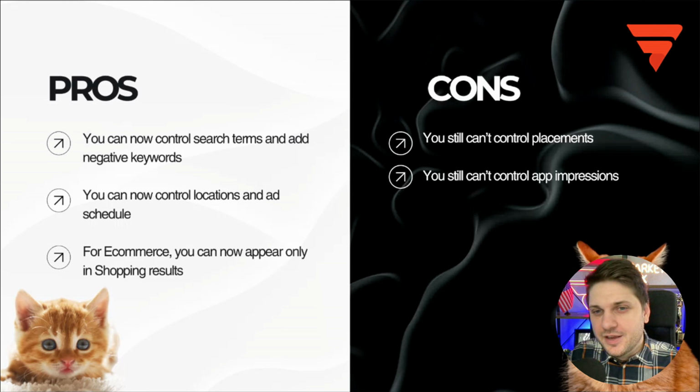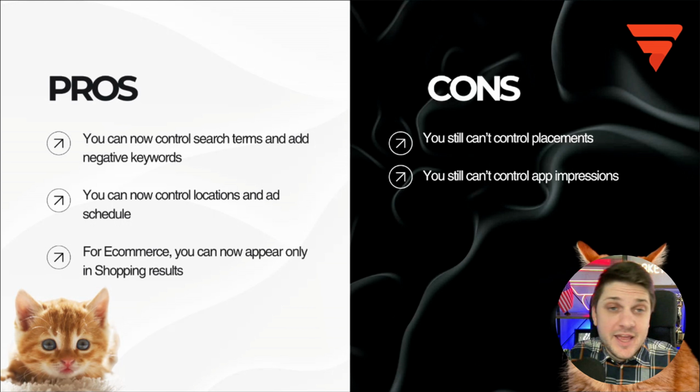For example, in 2021, if I remember correctly, you were only able to choose the whole United States or the whole of Canada, without even the possibility to segment into cities, provinces or states, just the country in general. Currently, we can control much more, but there is still no placement control, so we can't exclude some exact websites from showing, and we can't control apps showing.